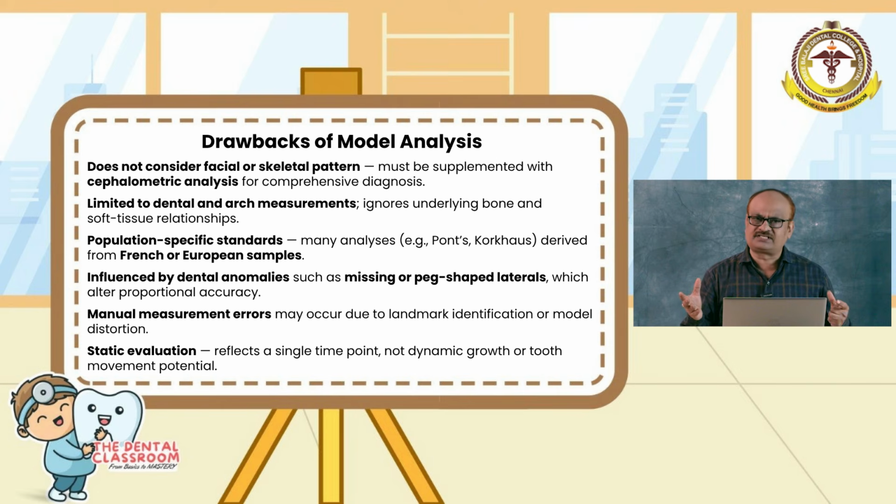Nowadays we have population specific standards, but all the textbooks mention what the original authors have given to you. So, you should go through the population specific standards and apply whether the ratio matches your patient or not. Sometimes abnormal tooth shape and size, likewise in Pont's, influences this analysis.